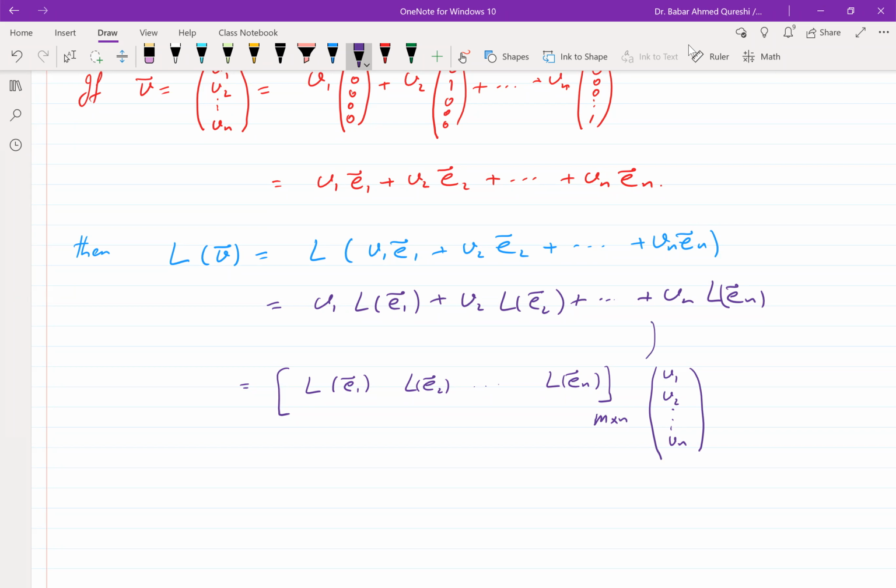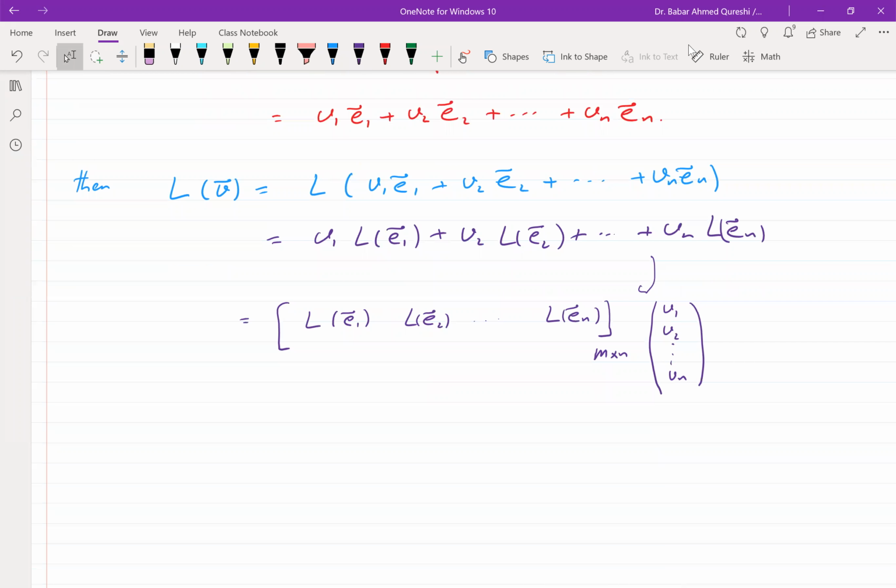So this is equal to this. But what is this? That's exactly what we wanted to prove: that you have a matrix like this whose effect when you multiply it on your vector is the same as the effect of the linear transformation on the vector.